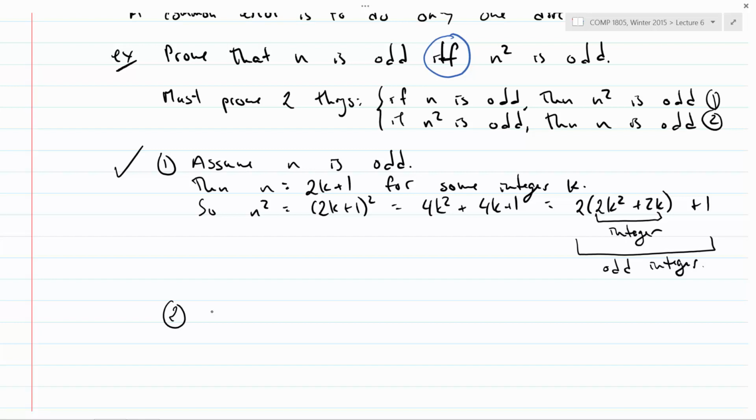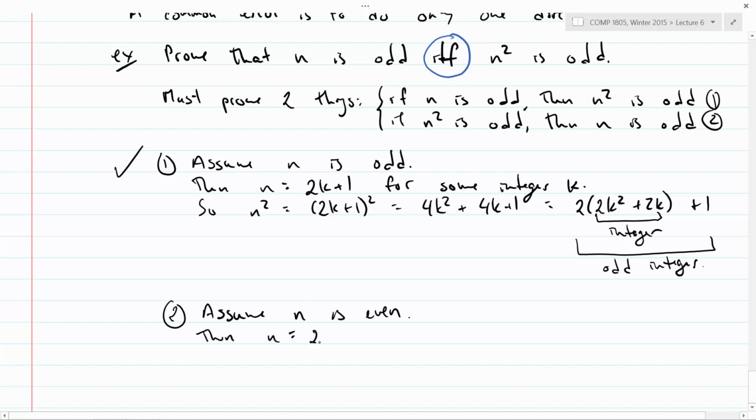The reason I want to do that is because I know the form of the thing that I'm assuming. And if I have other operations in it, it's harder to solve for the thing I'm looking for. If I know n squared, it's harder to solve for n because I have to take a square root. If I know n, then it's easy to solve for n squared because all I have to do is square both sides. Squaring is way easier than taking the square root. And if you don't believe me, try doing a few of these and you'll see. All right, so assume that n is even.